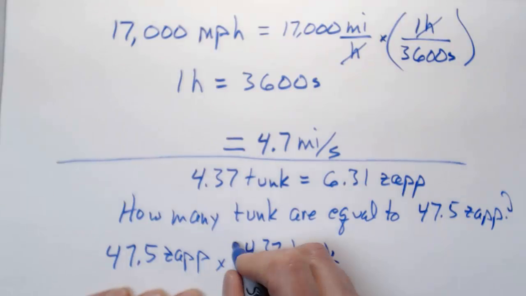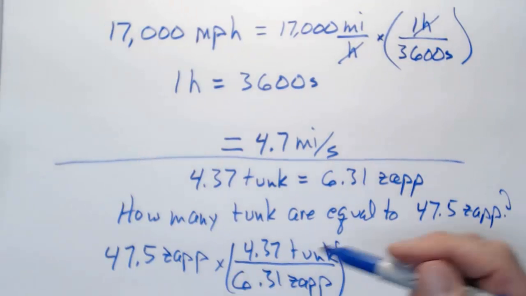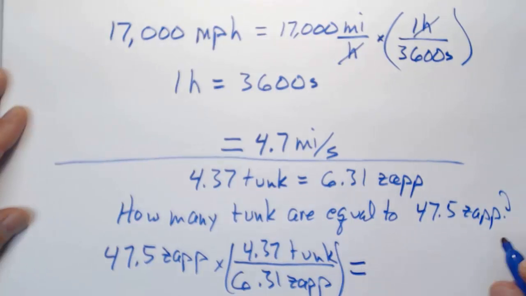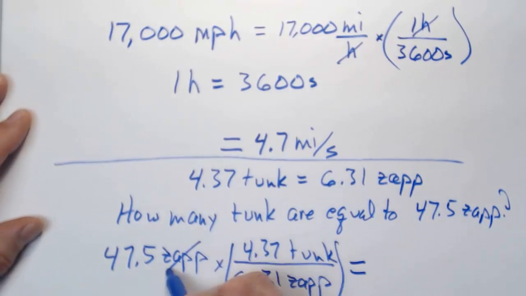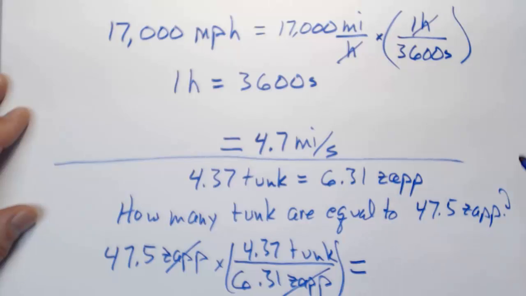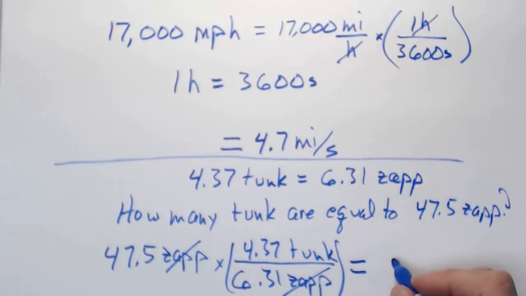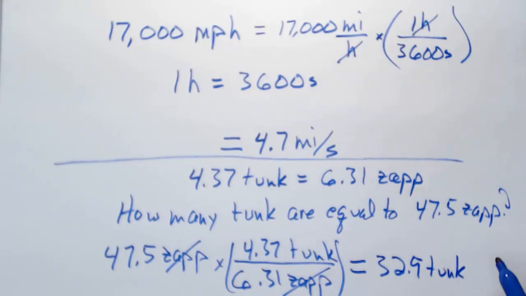So this is just a funny looking 1. When I perform the multiplication, I found out, oh, by the way, the zap will divide out, and so I'm left with nothing but tunk. But I'll find out that 32.9 tunk are equal to 47.5 zap. Didn't know anything about tunk and zap before I made this up, but now I know how to convert from zap into tunk.